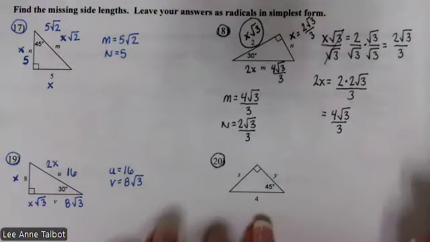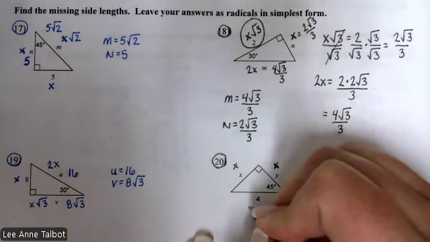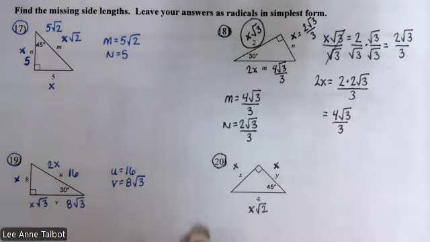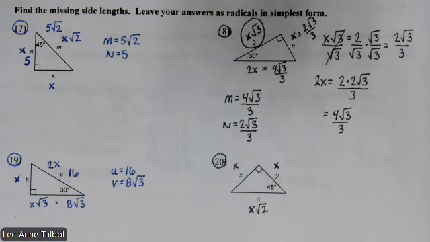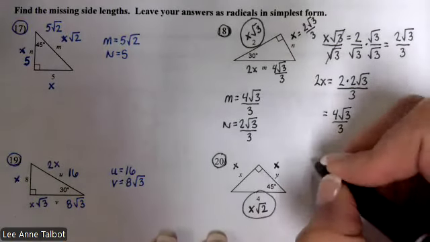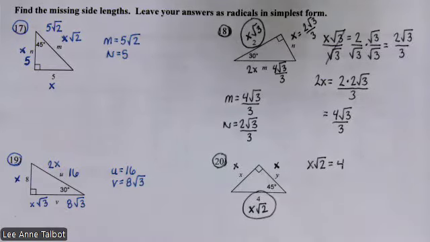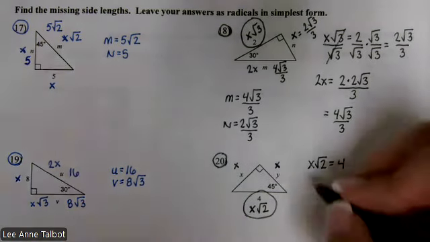Okay, now let's write the formula on here. So this is x root 2. x root 2 equals 4. Divide.